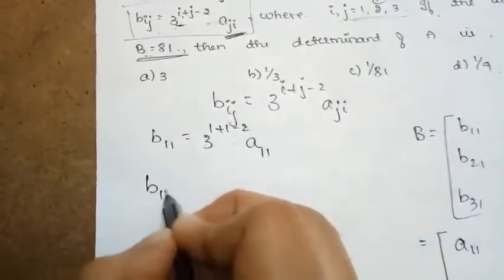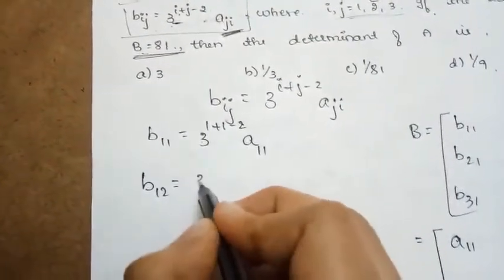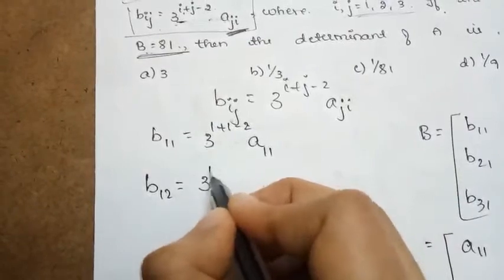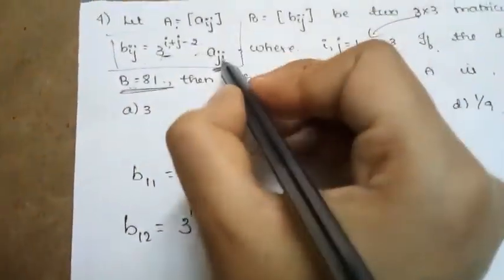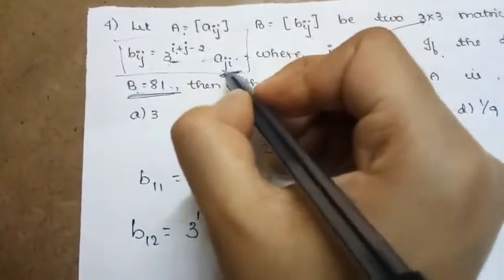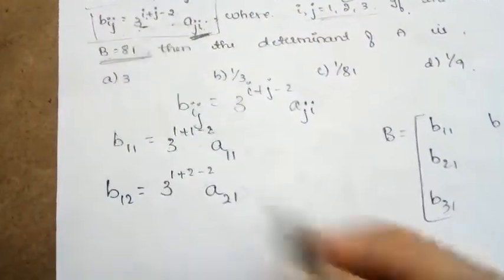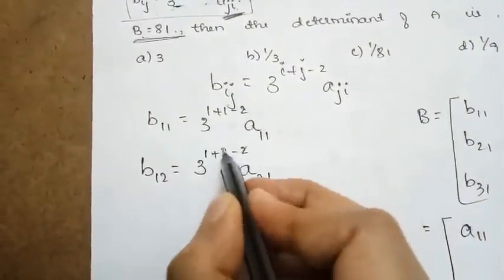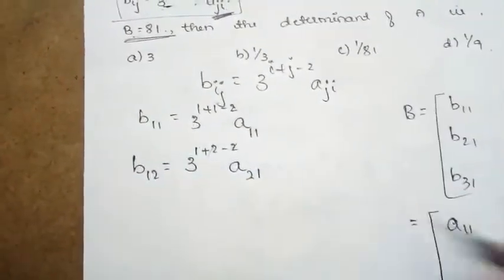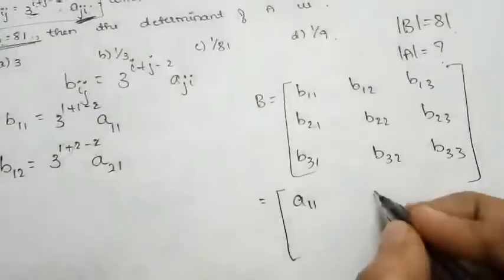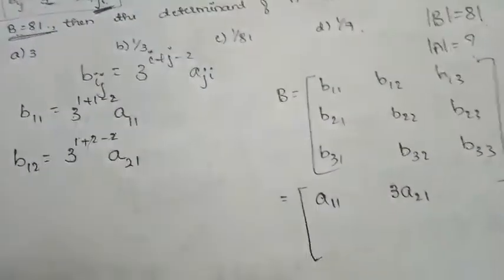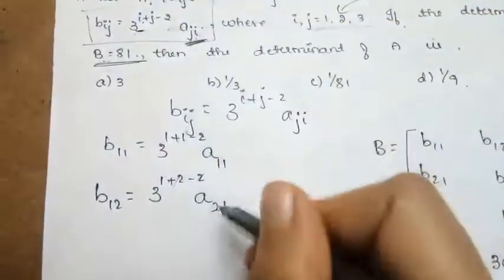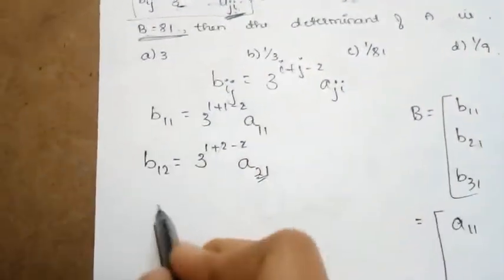Second element, that is B12: 3 to the power i value is 1, j value is 2, minus 2, A to the power ji. It is not ij, it is ji. So A21. The 2 gets cancelled. 3 to the power 1, A21 is our second element. So our second element is 3A21. Remember this, don't write it in a confusing manner.